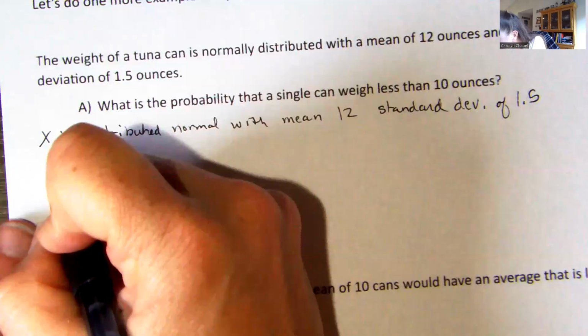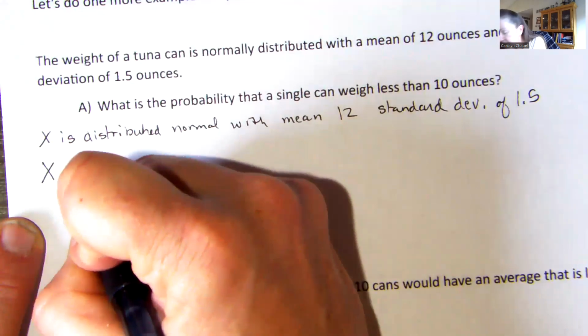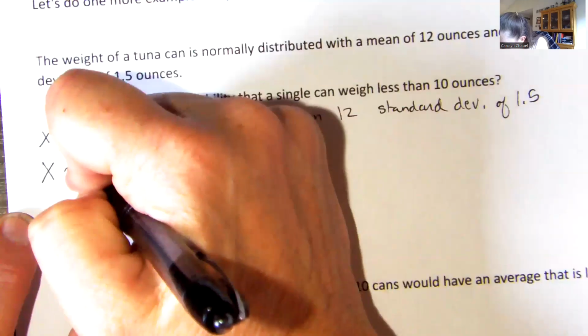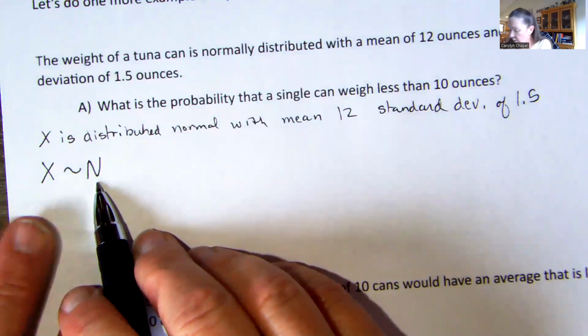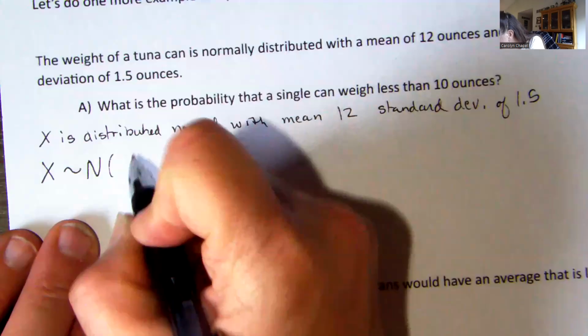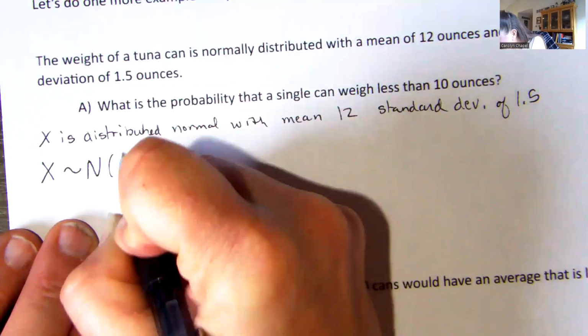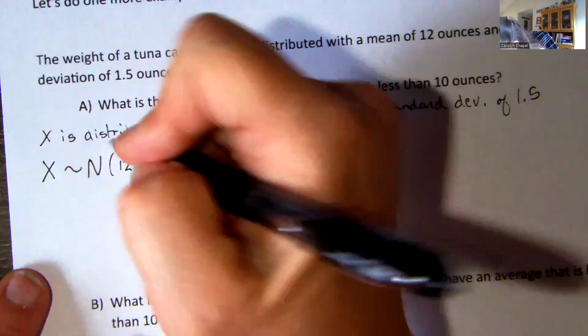Sometimes in some books you'll see that X, and they'll give you this little wavy line. That's to fill in all the rest: is distributed. Then they'll use an N for normal, and they usually like to put the mean first and then the standard deviation. Okay, so this is your mean, standard deviation, and that is for X.